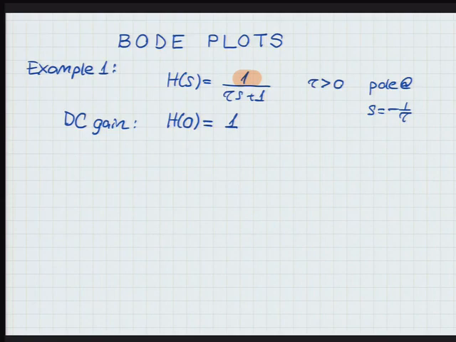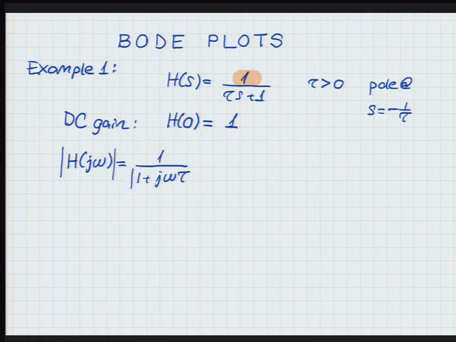All right, so we want to make a plot of the frequency response H of j omega, which is 1 over 1 plus j omega tau, right? I just switched the order of tau s and 1, substituted j omega for s. And there are two things, of course, we are interested in. First, we're interested in the magnitude of this.